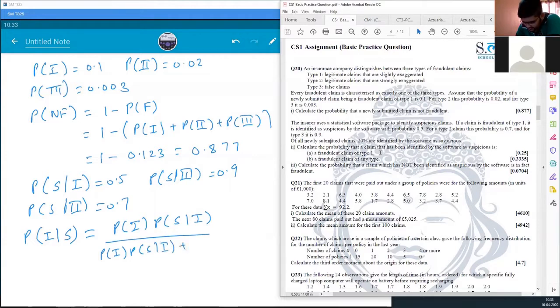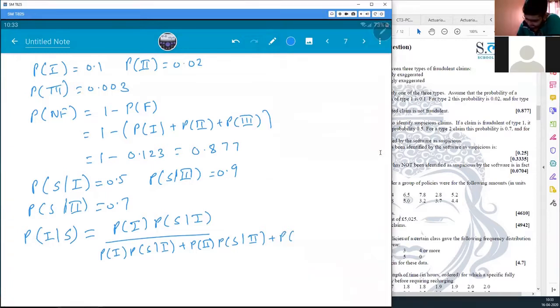So we'll say plus type 2 and type 3 as given. If we do this, we will not get the correct answer. This will give us the wrong answer.